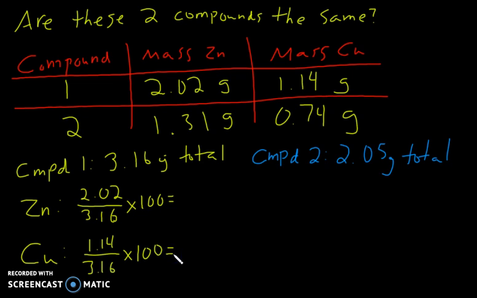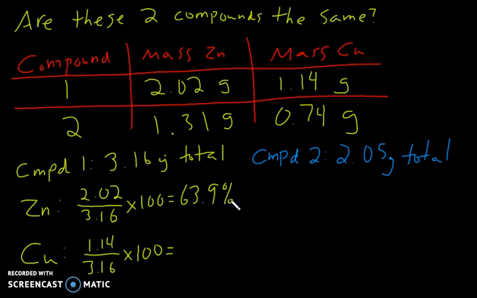So, let's go ahead and do the zinc. We do 2.02 divided by 3.16 times that by 100. We should get 63.9% zinc.